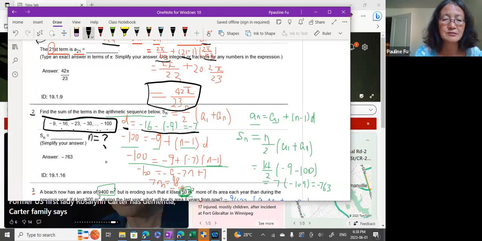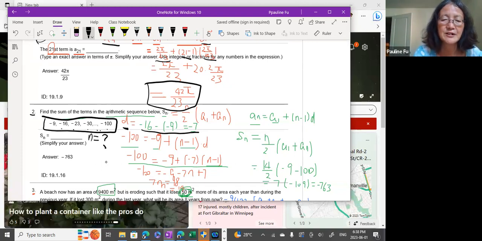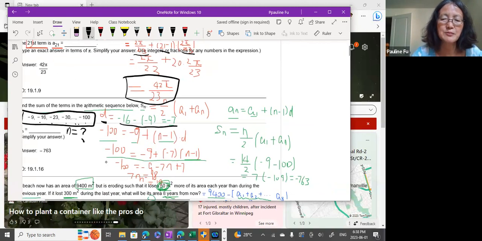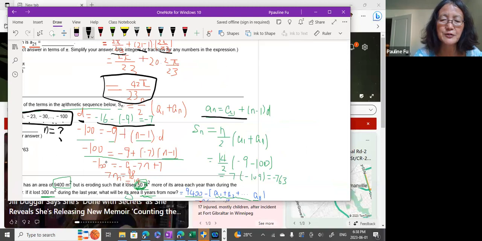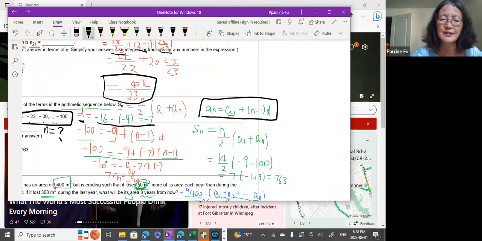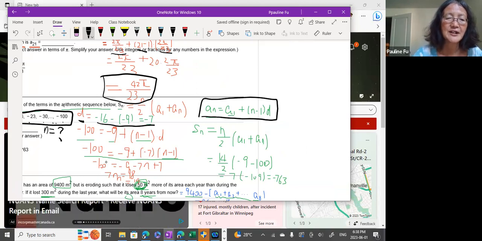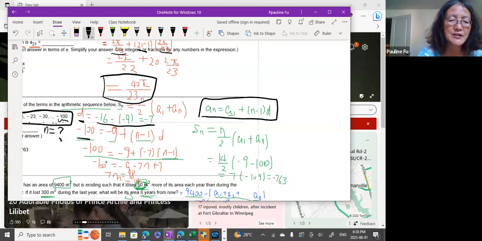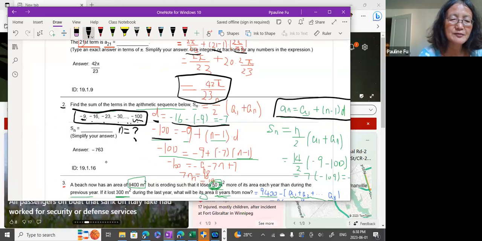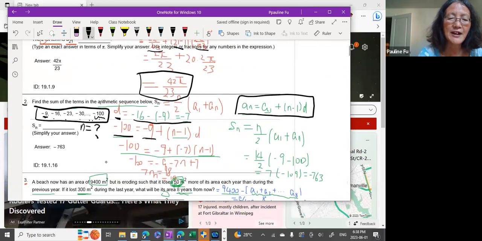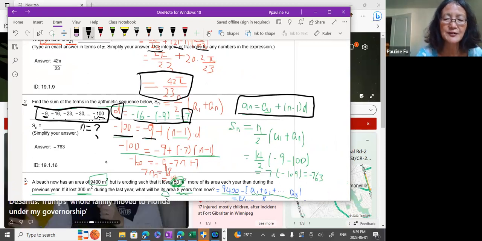To do that, you use the formula an equal to a1 plus n minus 1 times d. We already know an, the last item, is negative 100. a1 is negative 9. Then we just solved for d. d equal to negative 7.